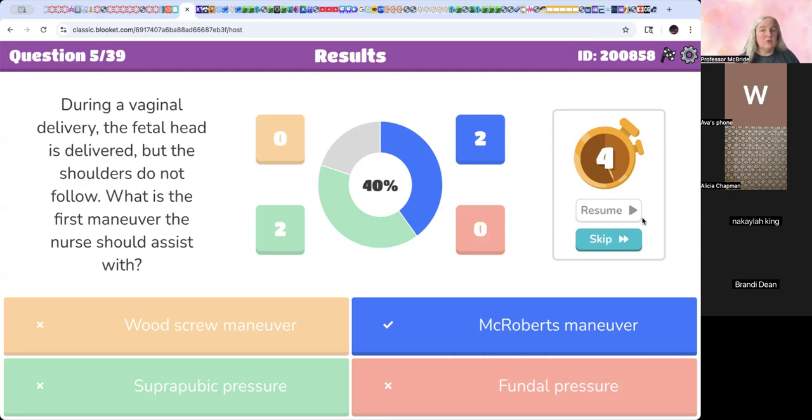I've had some shoulder dystocias that have gone for several minutes, where we're bringing in a lot of people, not only because we need help getting the baby out, but also because we're going to need help to potentially resuscitate that baby after. The more time that the head is out and the body is in the vagina, the more compression is happening on that cord, and so we're not getting oxygenated blood to our baby. So it's an emergency for sure.